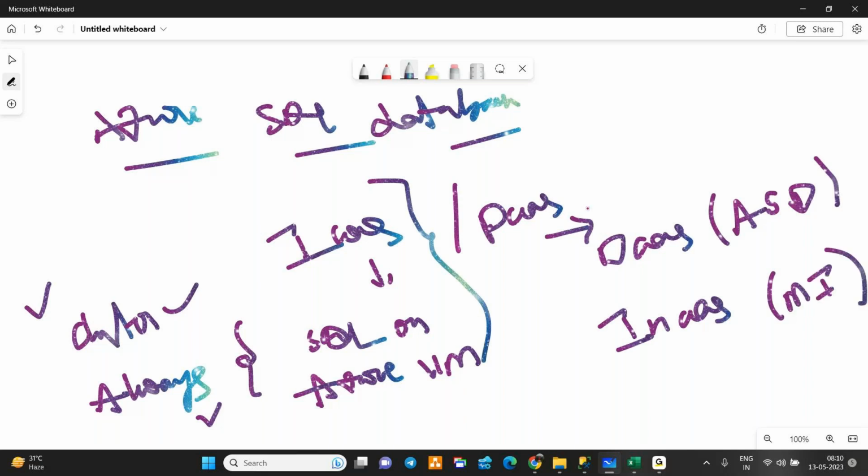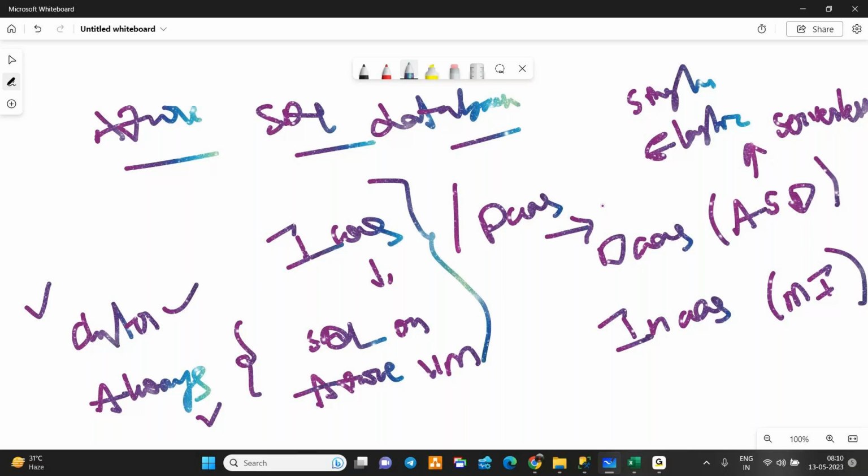In Azure SQL database, you can deploy a single database, elastic pools, or serverless. So when you go to the PaaS platform, we don't have any control on the operating system.